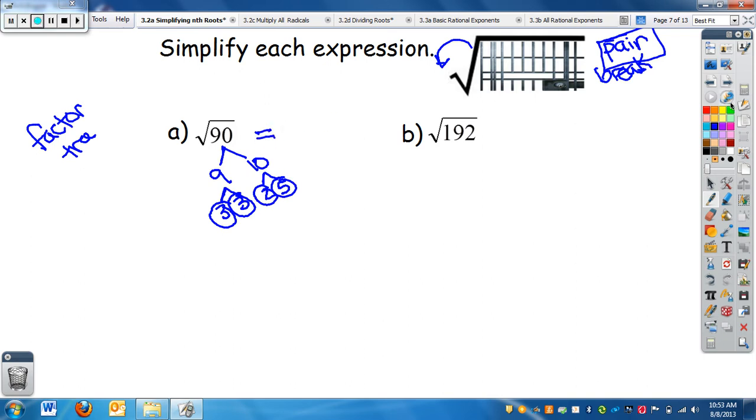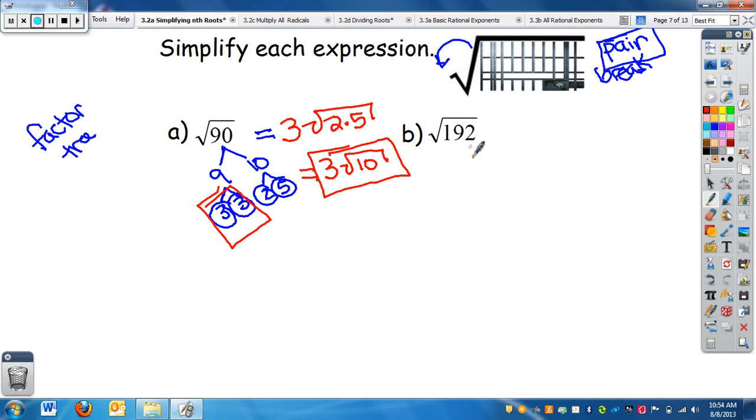So again, for you to break out of jail, to break out of this radical, you need a pair. Well, I have a pair of 3s. So 3 is left on the outside. If you do not have a pair, I only have one 2 and one 5, they need to stay inside. And the operation is always multiplication. So it's 2 times 5, which gives you 3 square root of 10.